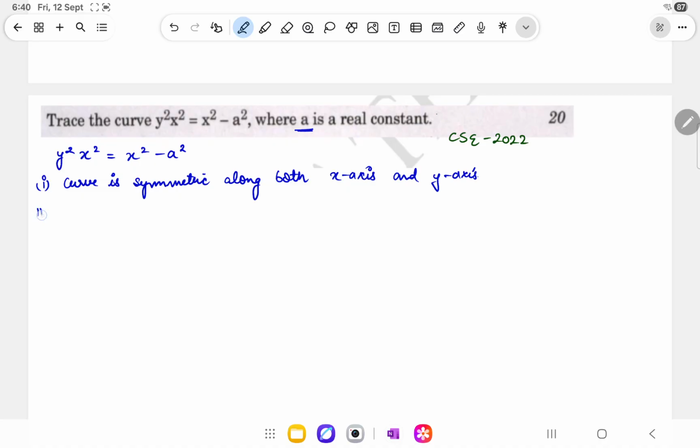So that you can check. The second thing we can say is, if I put both x equals 0 and y equals 0, I get 0 equals minus a square. That shows that our curve doesn't pass through the origin.